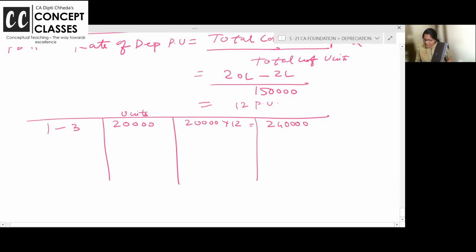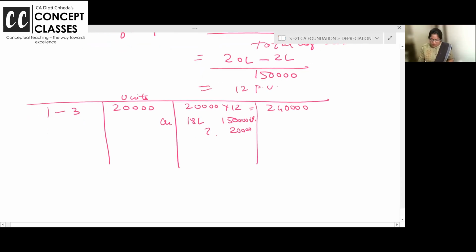Or what is another way to do it? 18 lakhs you have to write off over 1,50,000 units. So for 20,000 units, how much? You can divide first and then multiply, as you want.